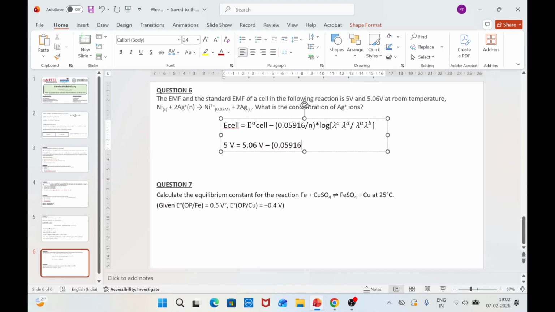This value is only applicable for the reactions that are performed at room temperature.